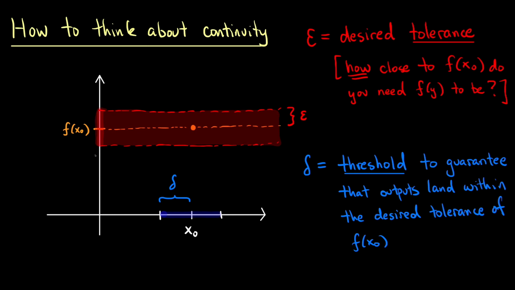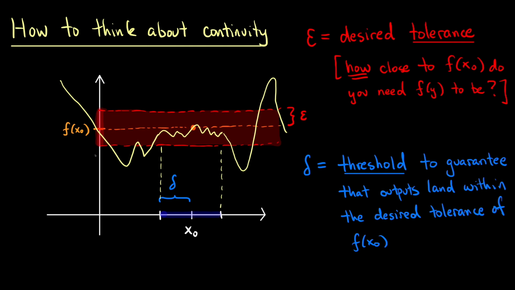So you're hoping that the graph of f looks something like this. And maybe it comes down here, maybe it comes up. But before it gets inside of this interval, it stays inside the red zone, and it doesn't leave it until after it's outside that interval delta.